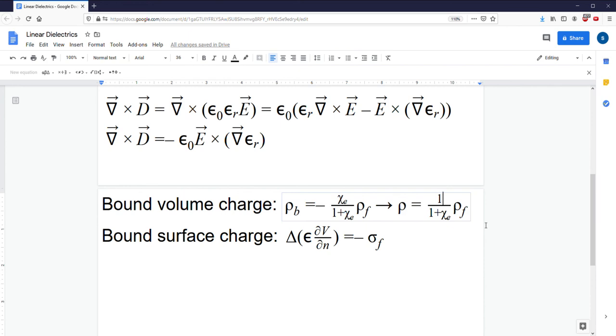And that effect will make it appear as though the charge inside that placed charge is smaller than it actually is when calculating purely electric field.